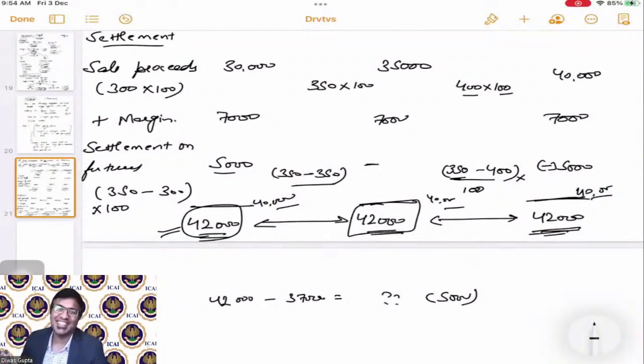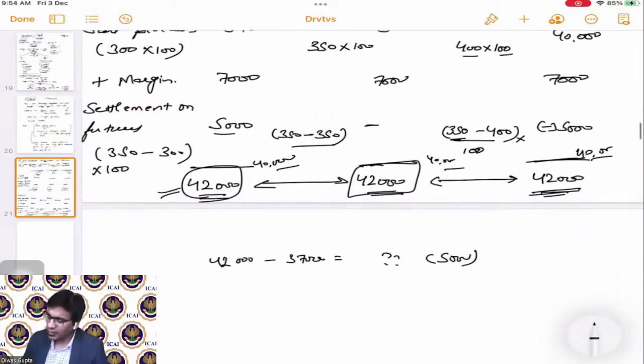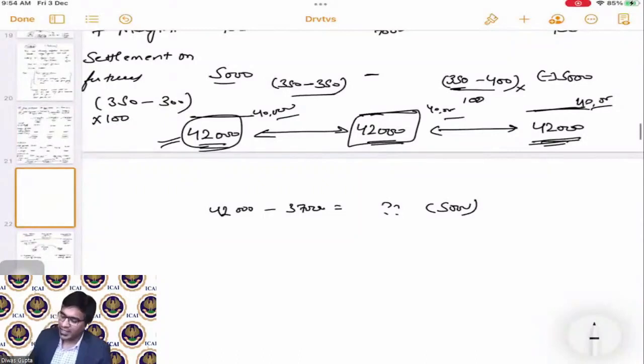This is the last question of today's class. I'll tell you what is happening here. If anyone can attempt, right or wrong, no matter. Why in all the three cases are we getting 42,000?